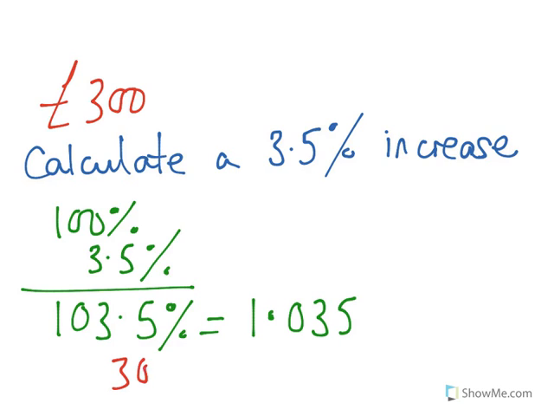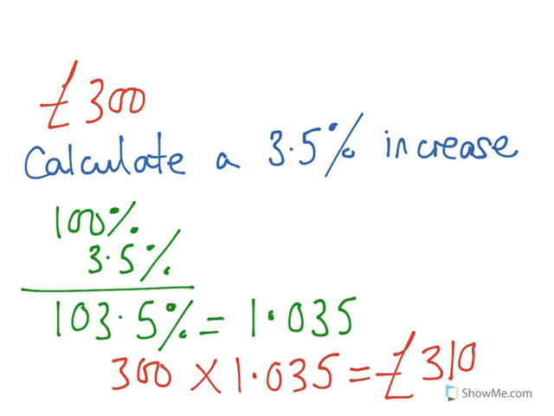So I start with my original amount times by my percentage multiplier and then find my final answer. So 300 times by 1.035 gives me a final answer of 310.5. Now let's just consider, we're talking about money here, so you should actually write £310.50. And there we go.